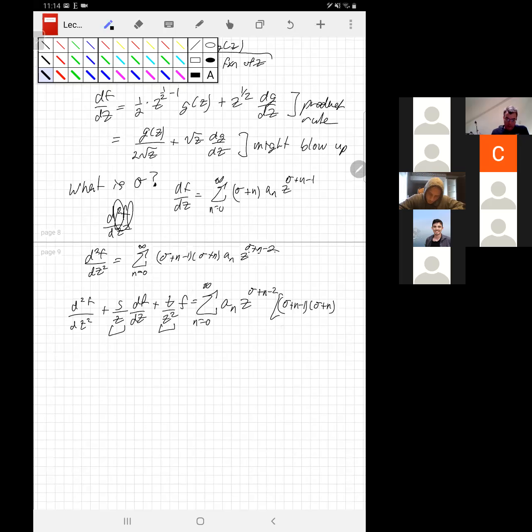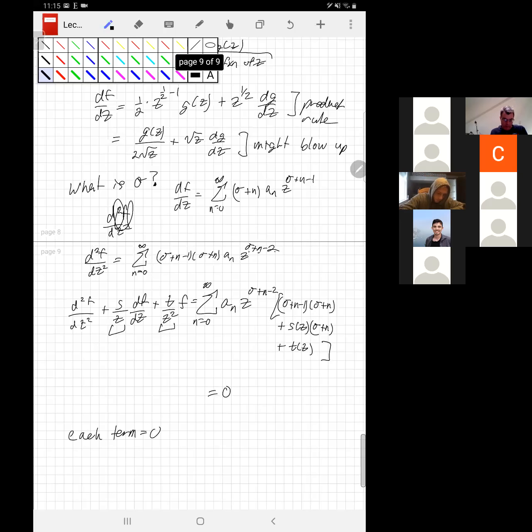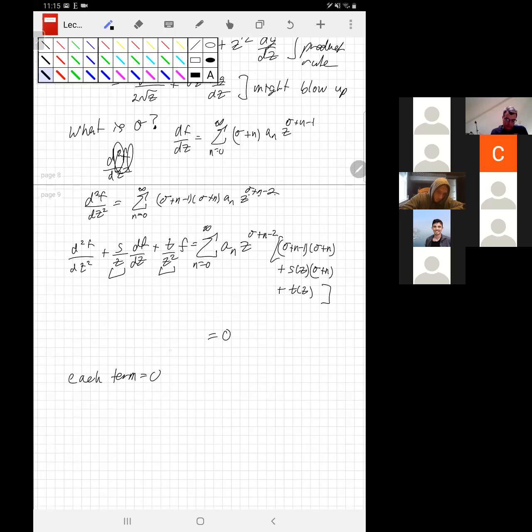sigma plus n, plus s of z, sigma plus n, plus t of z. And all of this has to equal 0, which means each term equals 0. Last point. If n is greater than 1, then I could also rewrite this.